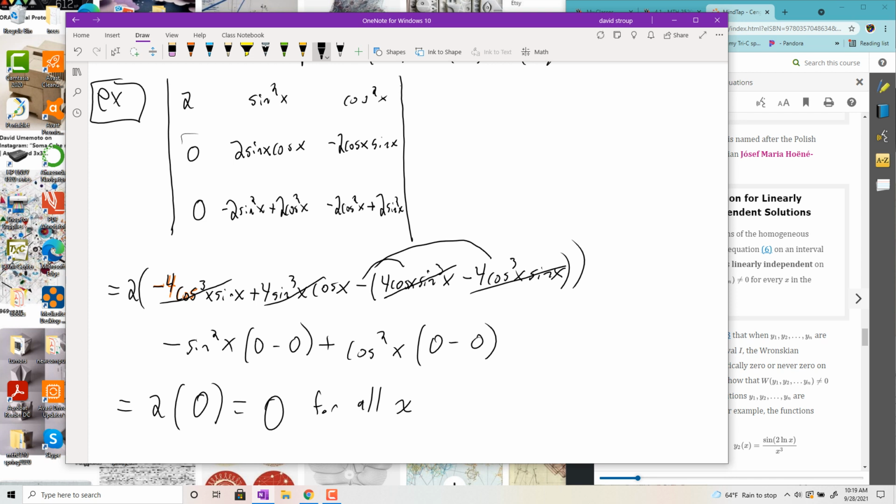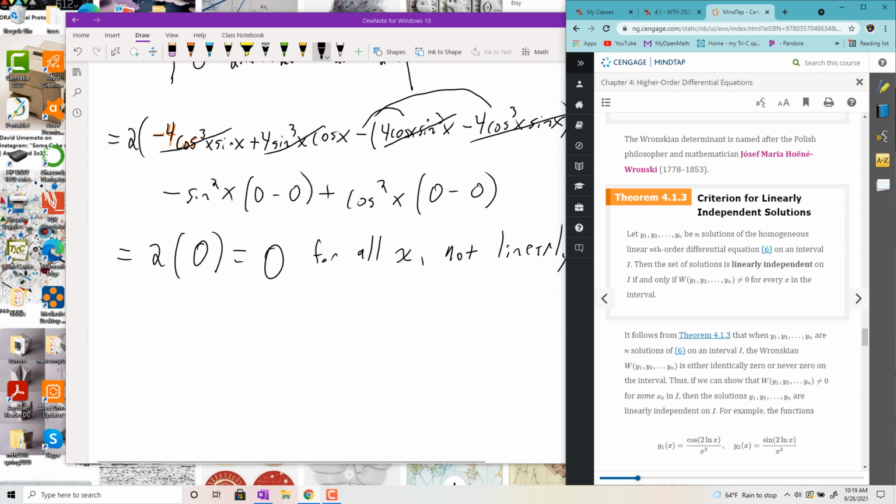And therefore, the set of solutions given here is linearly dependent. So that's kind of the bad case. It's not able of living on its own, right? It's not independent from its parents yet. So this is not linearly independent yet, as far as I can tell.